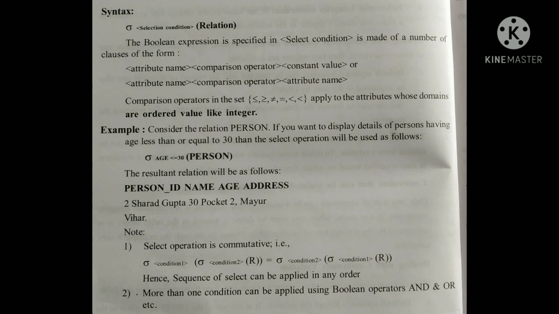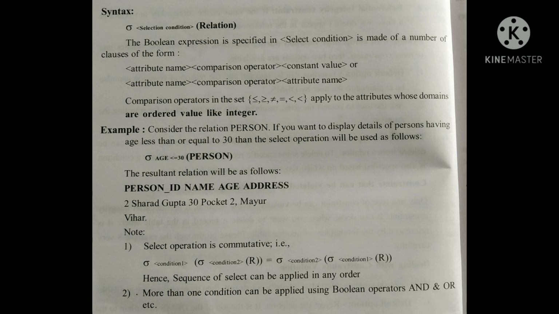We have two types of operations, that is attribute name, comparison operator, constant value, or attribute name, comparison operator, and attribute name. Comparison operators are the set less than or equal, greater than or equal, not equal, equal, less than, or greater than, applied to the attributes whose domains are ordered values like integers.